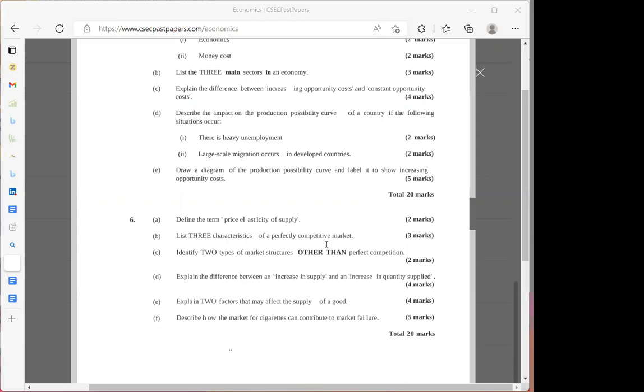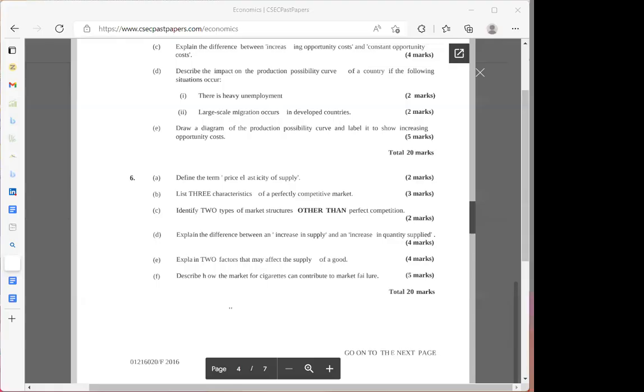And I think I can use this opportunity here after you list it. Two other types of market structure other than perfect competition: oligopoly, monopoly, monopolistic.